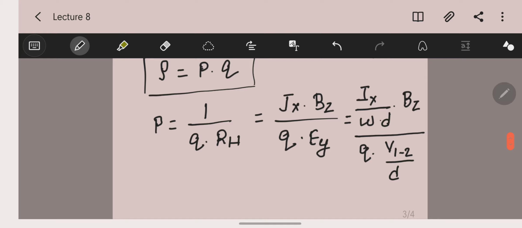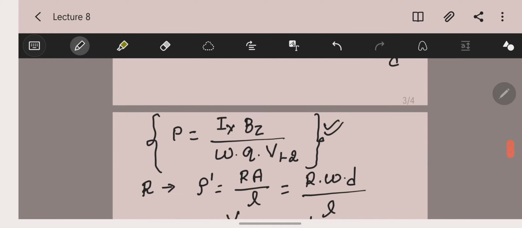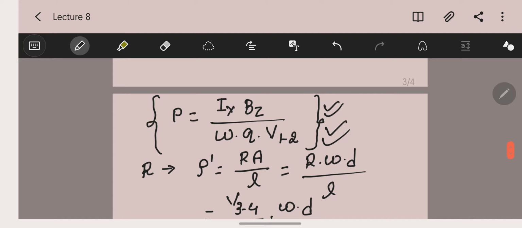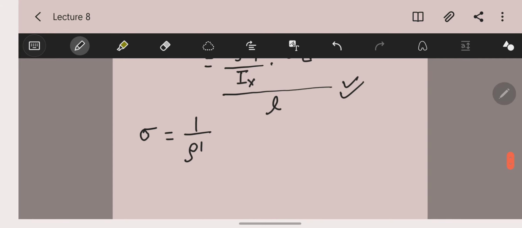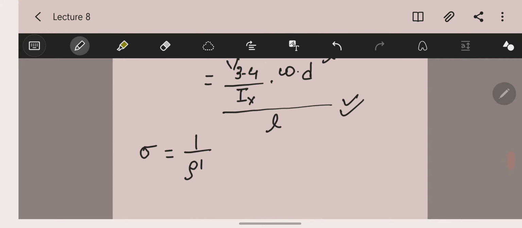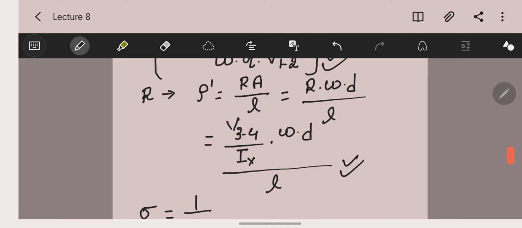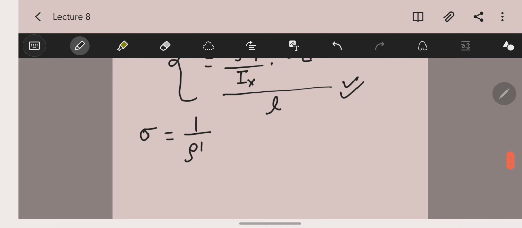Once we know whether our specimen is P type or N type, using this equation we can find the carrier concentration inside the semiconductor or metal. Further, we can also find the conductivity of the specimen using this resistivity method. And next, if conductivity is known, we can also find the mobility of the charge carriers inside the specimen.